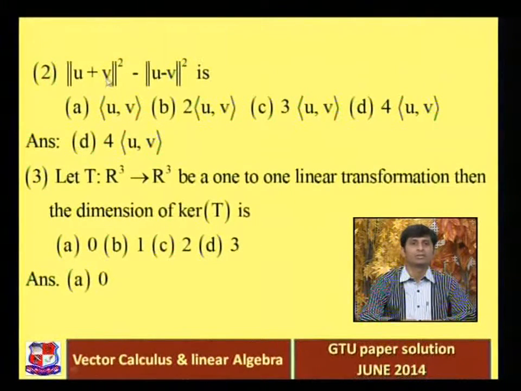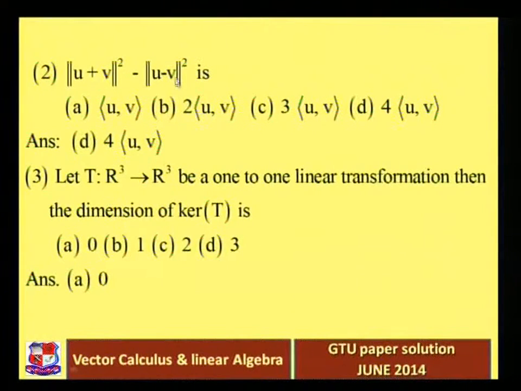Okay, you can also prove it if you want to, because norm u plus v whole square is norm u square plus norm v square plus 2 inner product uv, minus, this is also norm u square plus norm v square minus 2 inner product uv. So finally you will get 2 inner product uv minus minus 2 inner product uv, so finally you will get 4 inner product uv. Okay, so that's why the correct answer is D, 4 inner product uv.